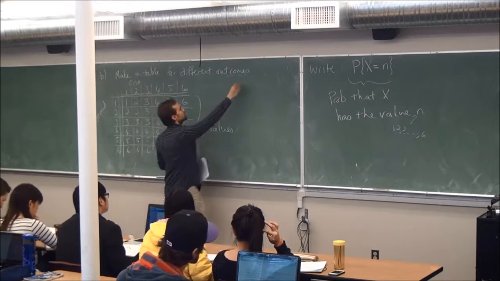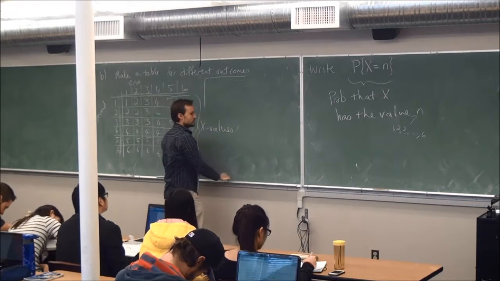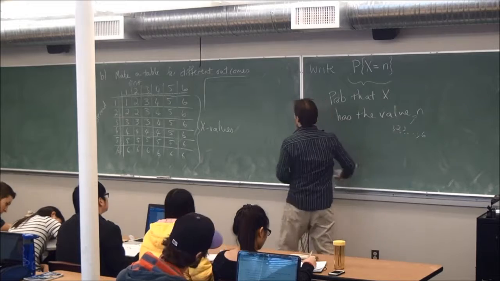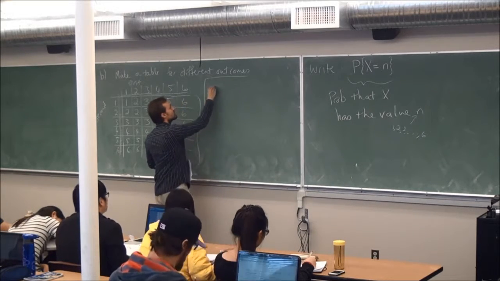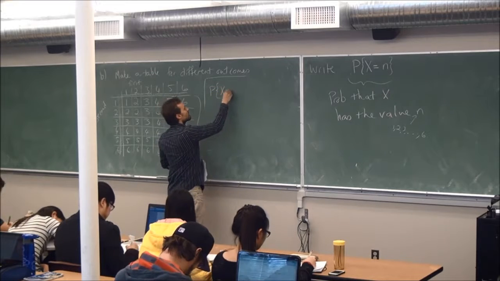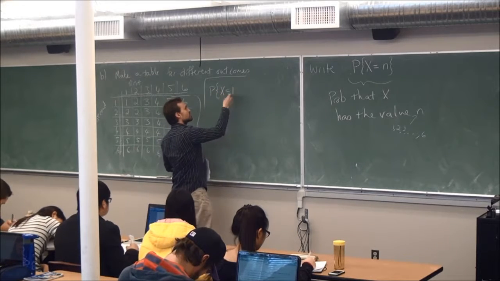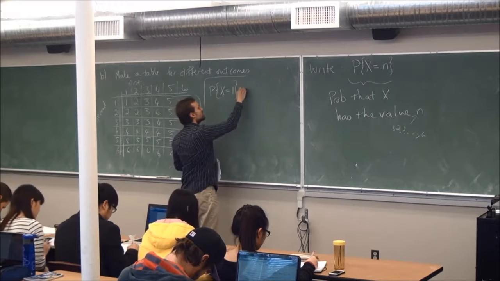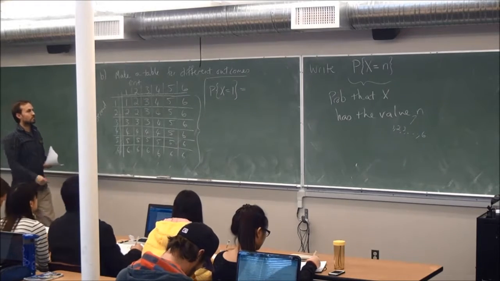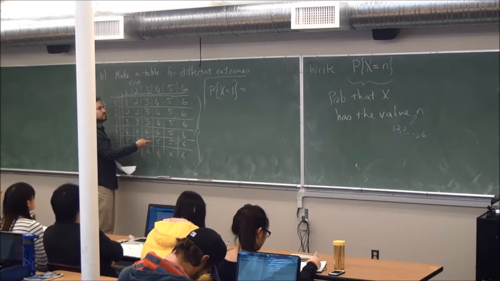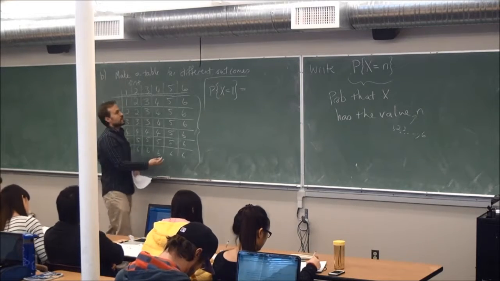So now I go down the list, and we write them over here, and I can say the probability that x equals 1 is my lowest number, so let's start with 1 and work our way to 6. How do I find the probability? I count the number of ways that can happen divided by all possible ways.